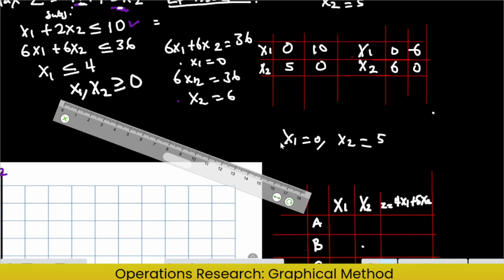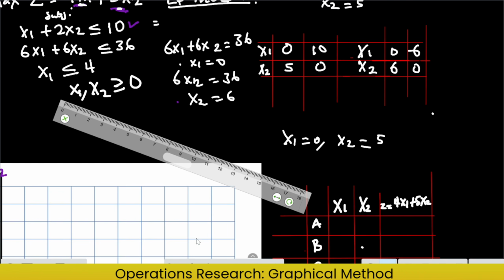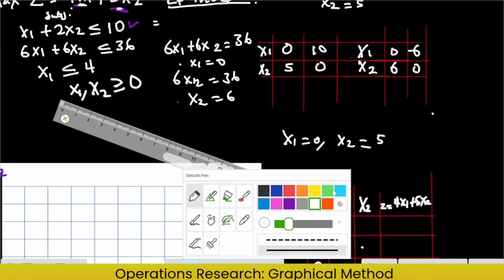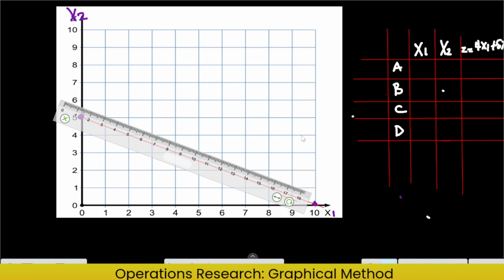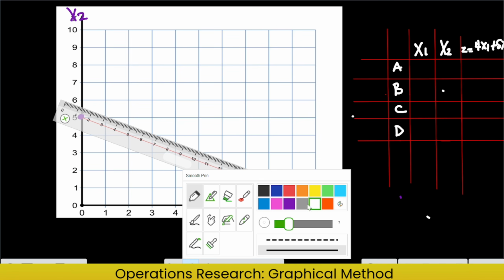Let's look at the other constraint. Let me go up. When one variable is equal to 0, the other will be equal to 6, respectively. So let's draw that.